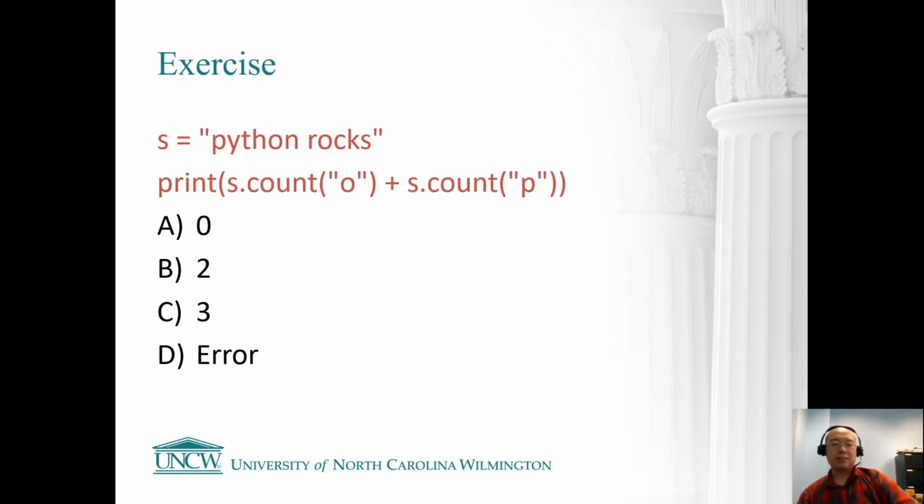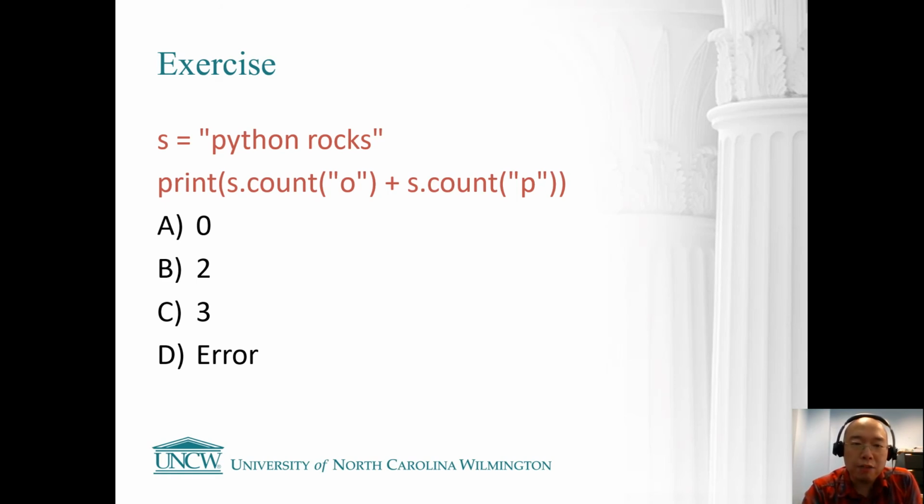Okay, so now let's see a couple of exercises. The first one, if we have a string Python rocks, how do we print s.count O plus s.count P? You may want to remind yourself first what the count function does.